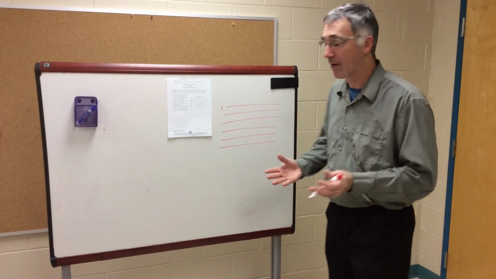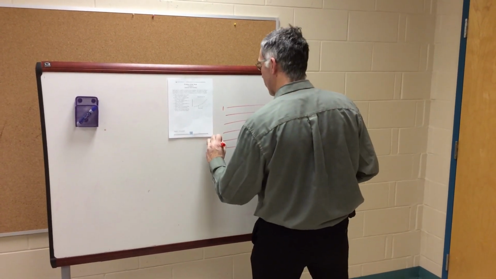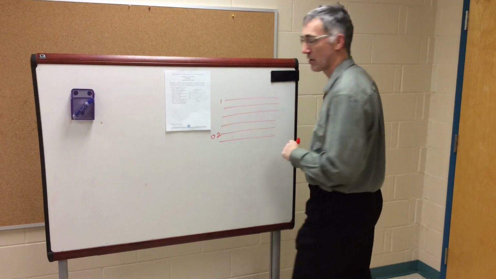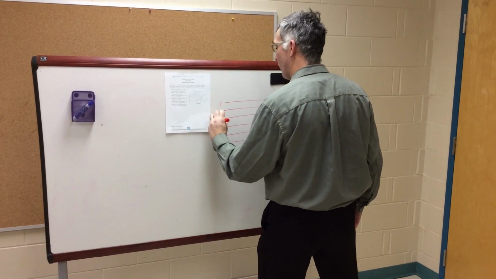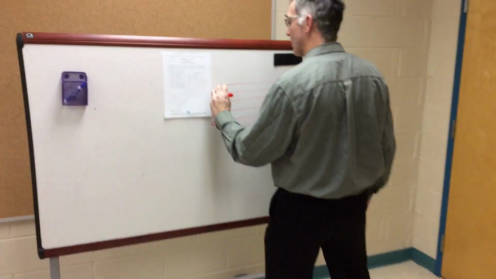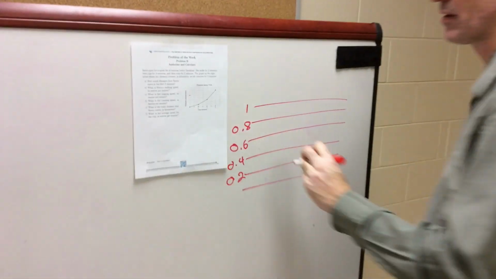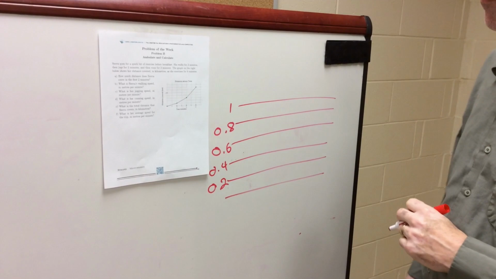And if we think of 1/5 in decimal form, that gives me my value of 0.2, 0.4, 0.6, 0.8, and finally my value of 1.